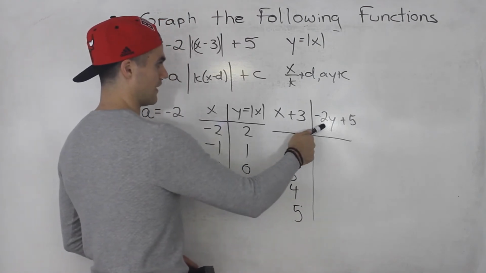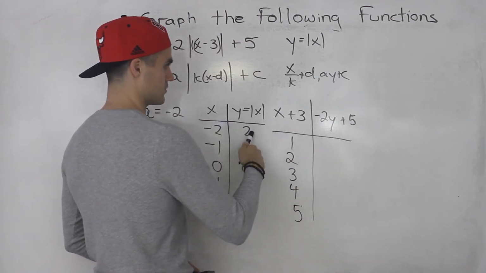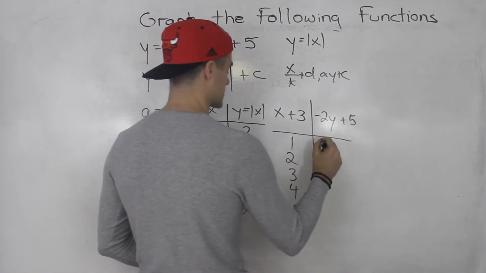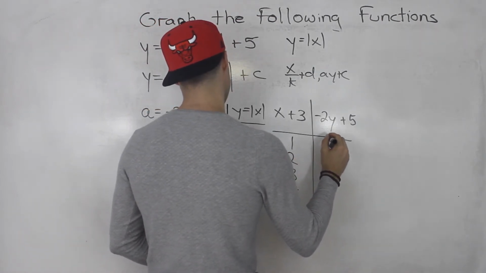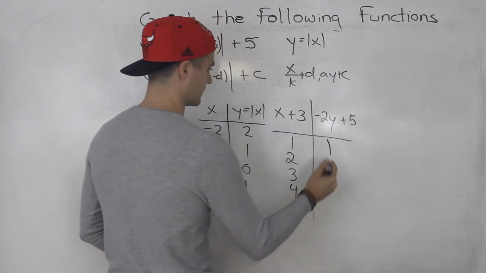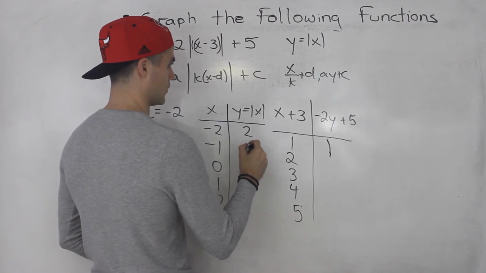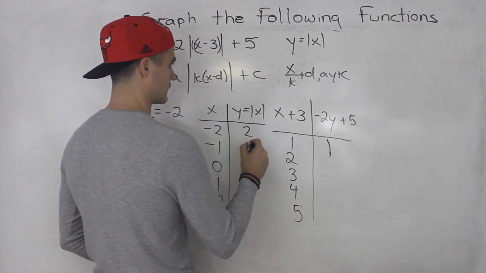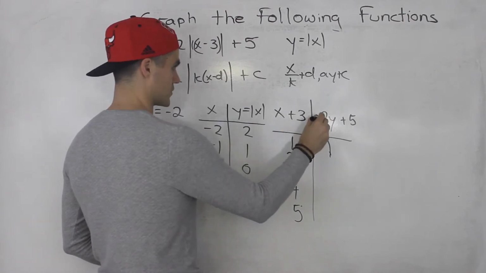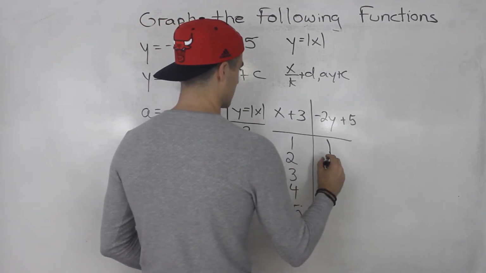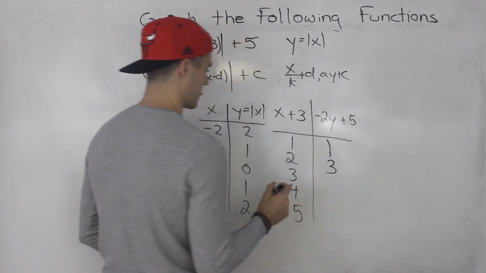And then all the y values multiply by -2 and add 5. So 2 times -2 is -4, plus 5 gives us 1. And then 1 times -2 gives us -2, and then we add 5, which gives us 3.